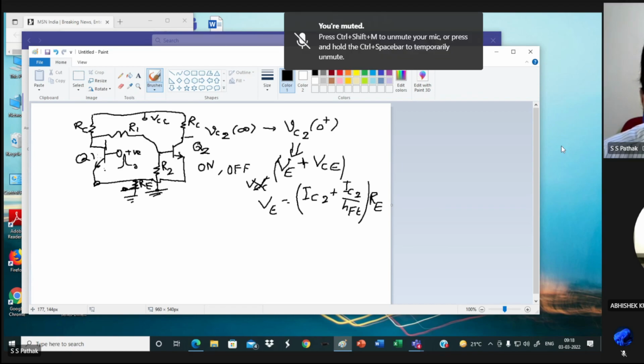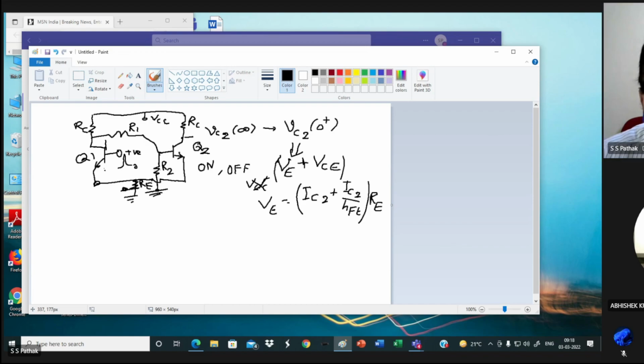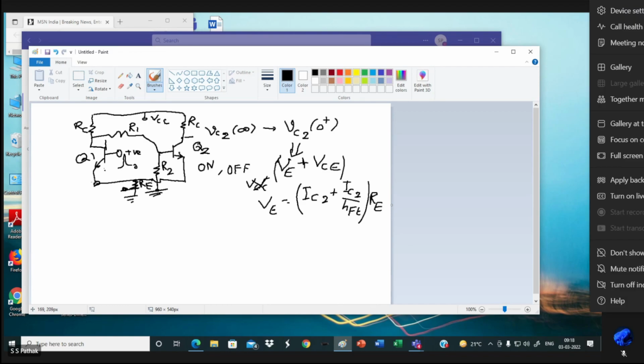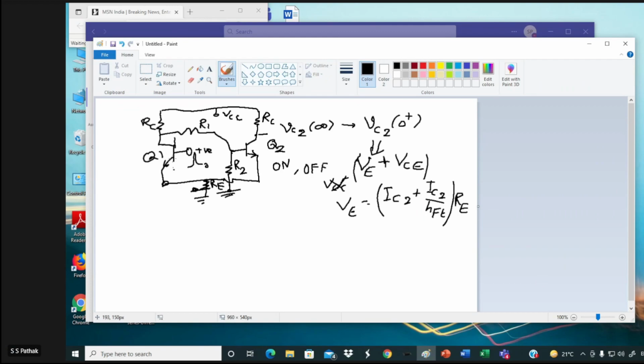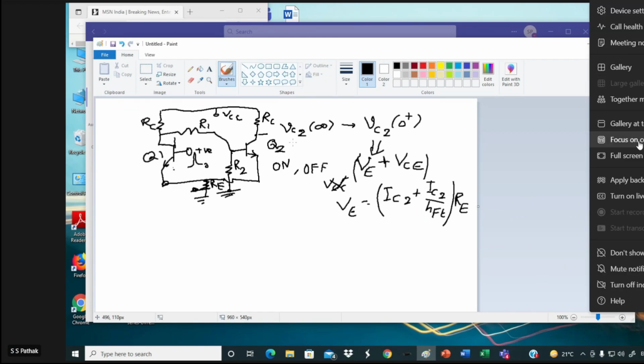When current has flown through this, it has risen, and after that it will come to your cutoff state, and this will come to your saturation state.